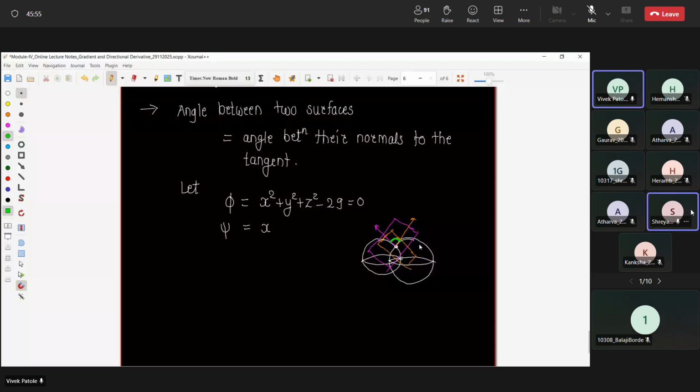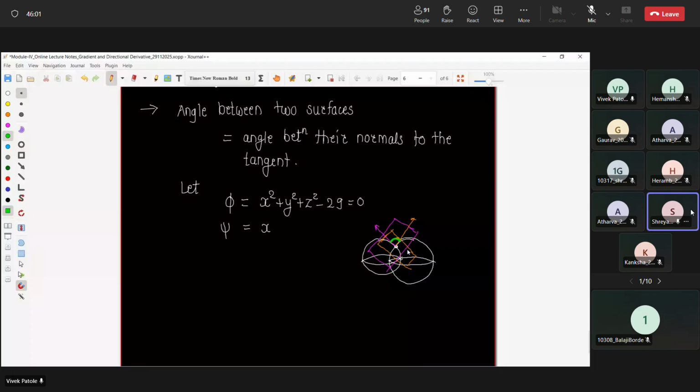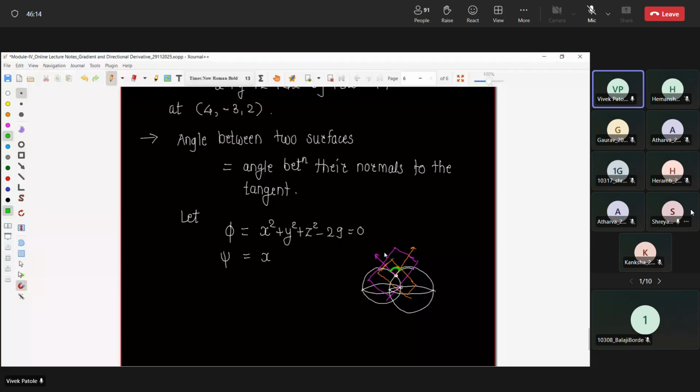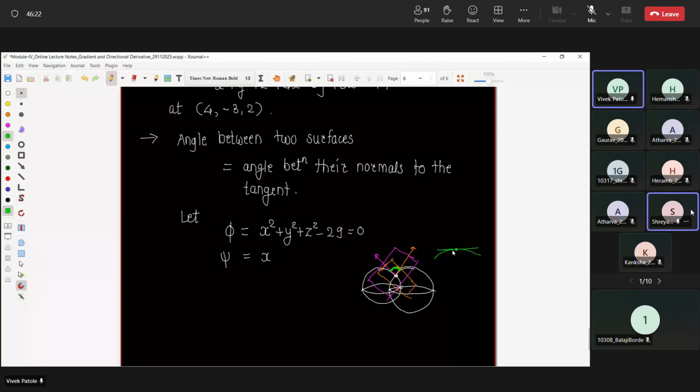Why don't we directly evaluate the tangents, because we know the point, and then find the angle between both the tangents? No, that does not work. See how you are going to evaluate the tangent to a surface. In vectors, you can evaluate the tangent to a curve.